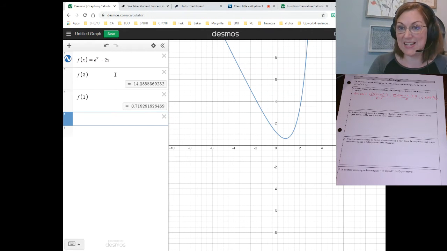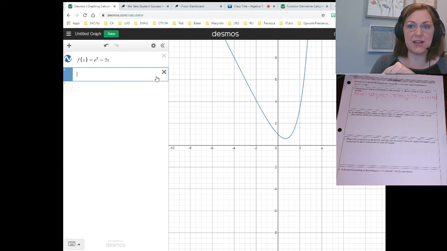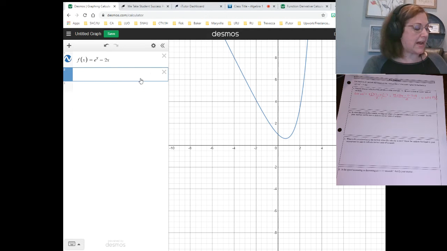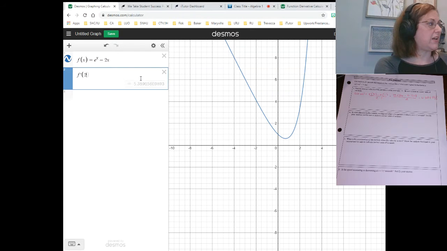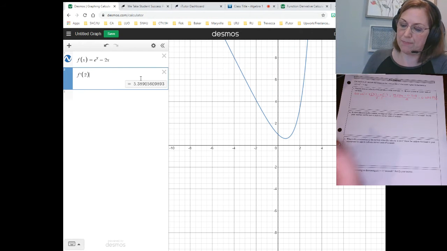Now, question B asks us in what direction is the particle moving and what is the velocity at 2? So I'm going to cancel out these values here and ask it for the derivative at 2. What I love about Desmos is I can just put the prime notation.